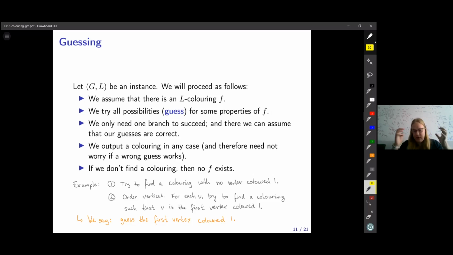And so the setup is we get a graph G with lists L, and we guess some stuff exhaustively to make sure one of our guesses is right, and then go through a tree of different cases and guesses and so on, and we get to the very end. And if one of the branches has a coloring, then we will make sure that that's in fact a coloring that we can bring back to the whole graph.